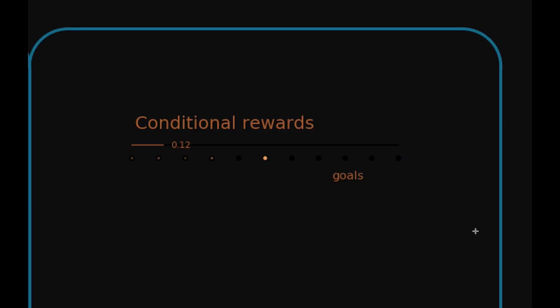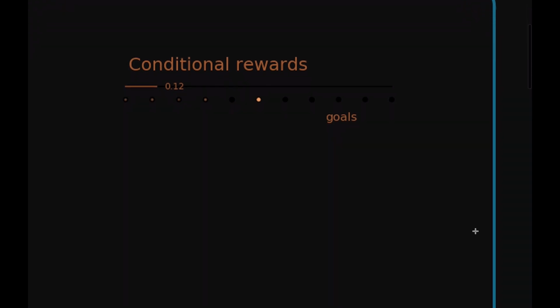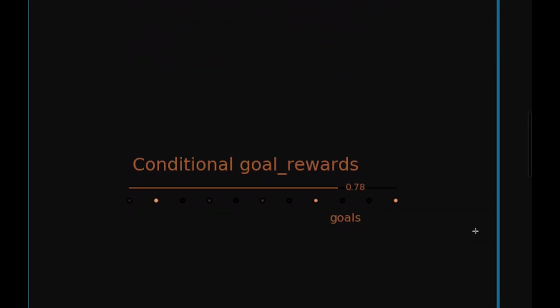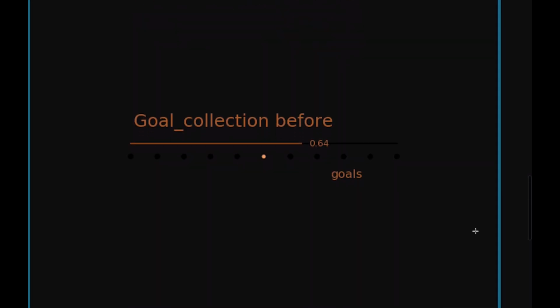The expected reward associated with each goal is added up across all the features. The expected curiosity that would be satisfied by each goal is also added up. The expected reward from fulfilling any goals that were carried over from previous time steps is also added in. And the goals from the previous time step are shown.